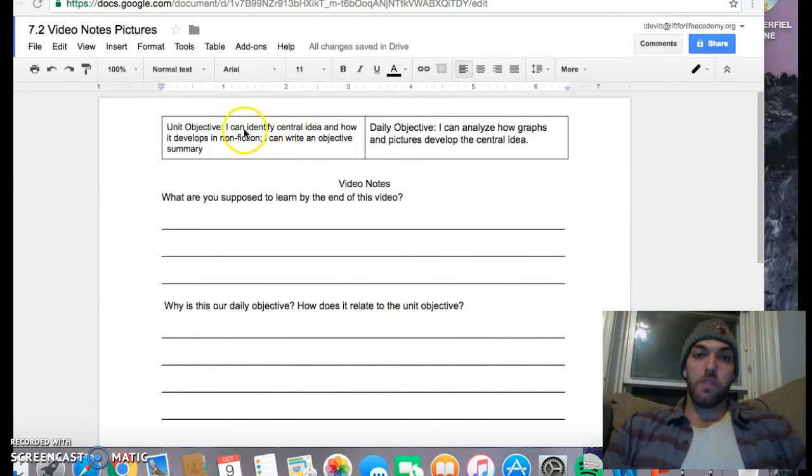Because our whole purpose is to be able to identify the central idea and how it develops. So one of the ways that it develops is with pictures. Other ways it develops is with the title or with the section headings, things that we've learned in previous classes. So today we're going to see how it develops using graphs, but more specifically how it develops using pictures.